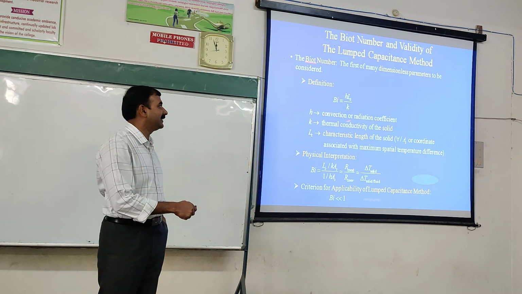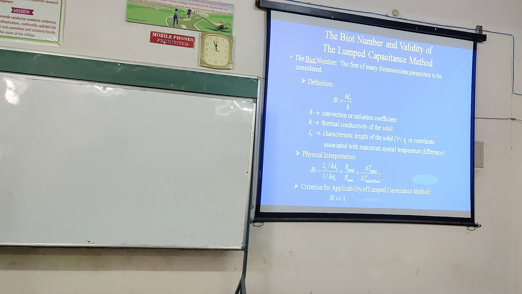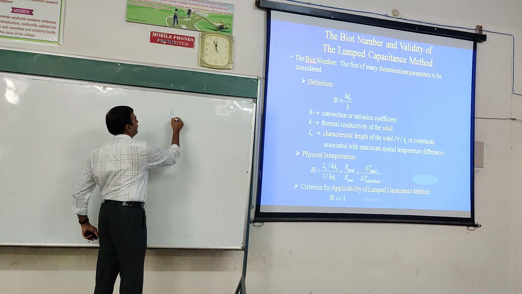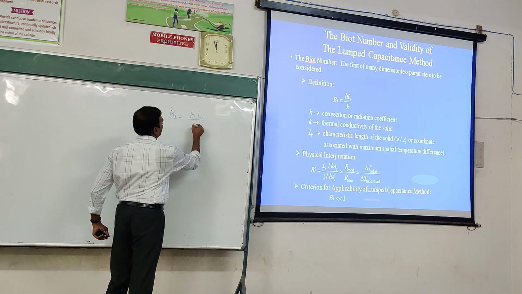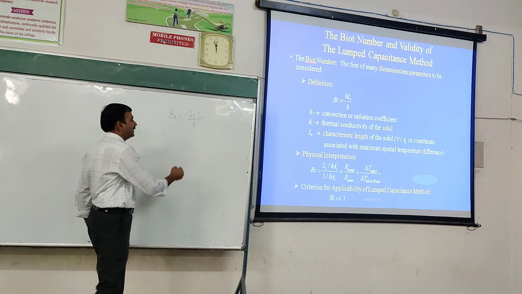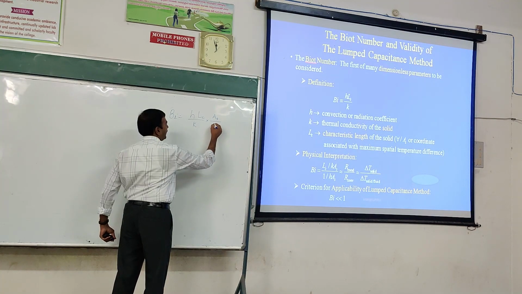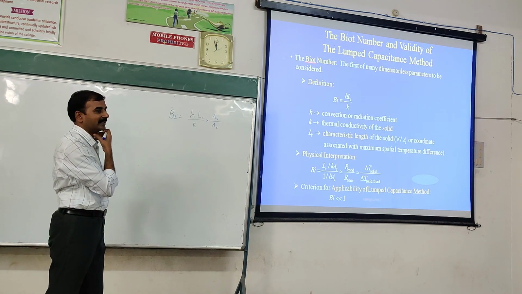Now, this being the case, the Biot number can be understood a little better. Biot number is h Lc by k. Now what we can do, let's say I am multiplying and dividing it with A s.